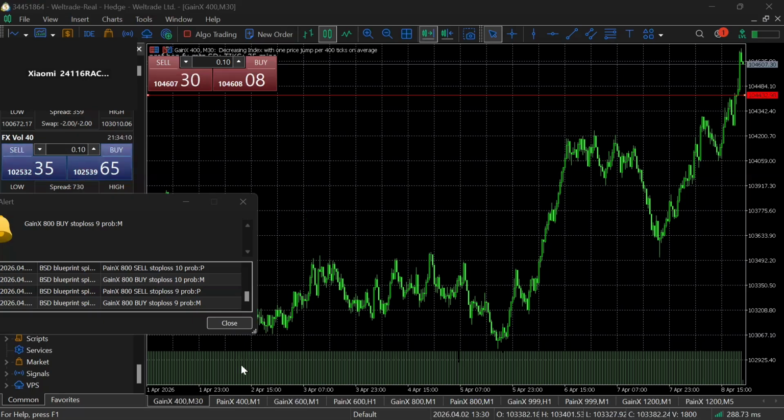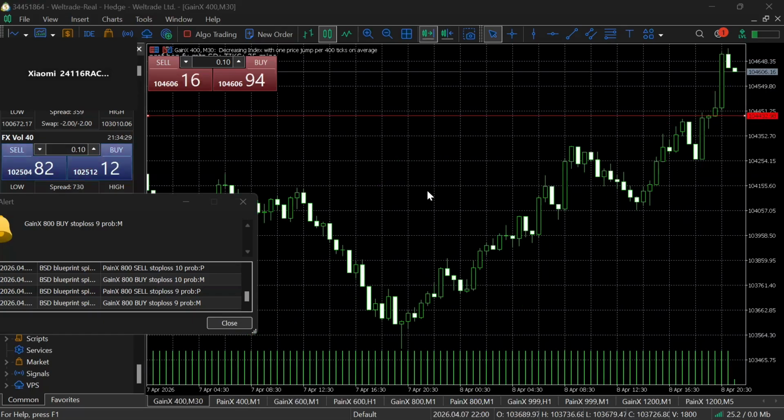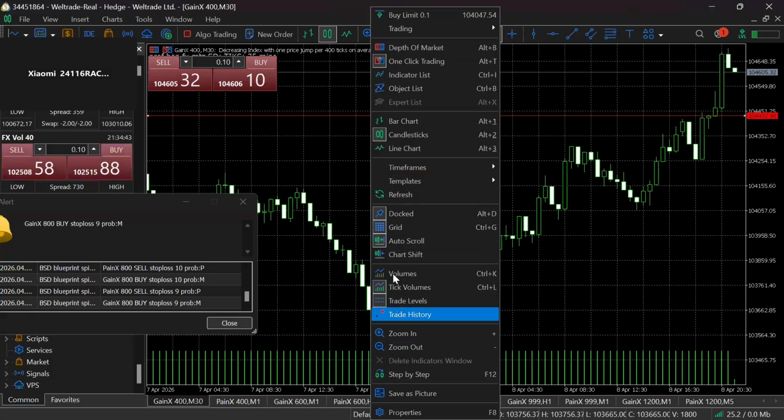Okay, let me just discuss it the way it is. If you have BSD software, you will be seeing those things. This market, the BSD software, has blue and red zones. Blue zones are checked every time when we look at your BSD. Check on your own BSD, on your computer, on your laptop, on your phone. It has red zones and blue zones. We always check those red and blue zones as the second thing before we execute our signal on that time frame, 1 hour and 4 hours.